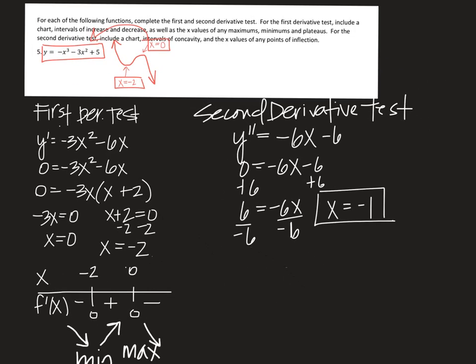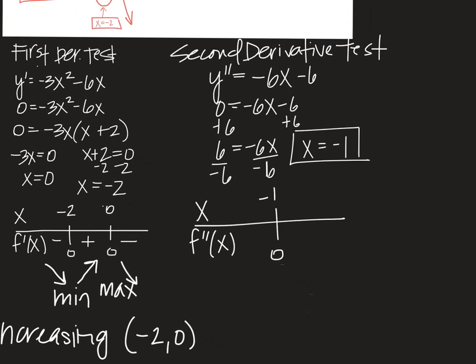So I set up my second derivative chart, and I need to label it to show exactly what it is. At -1, the second derivative is 0. So I'm going to choose friendly values. I'll evaluate the second derivative at -2, and I'll evaluate the second derivative at 0 to see what I get.